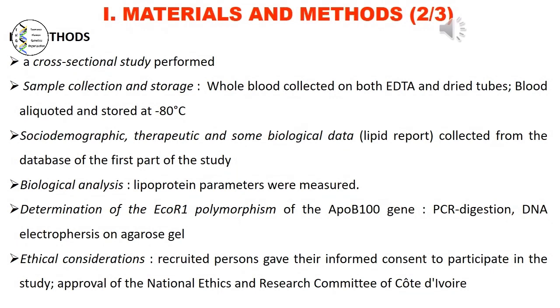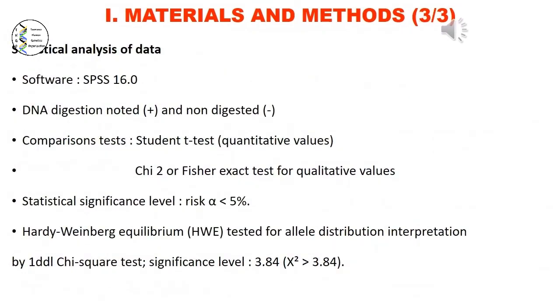All recruited persons gave informed consent. The protocol was approved by the National Ethics and Research Committee. The collected data were analyzed using SPSS software. The presence of DNA digestion was noted plus and its absence minus.